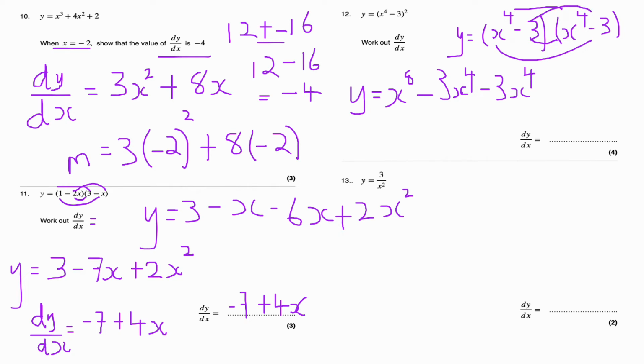And then minus 3 times minus 3 is positive 9, guys.